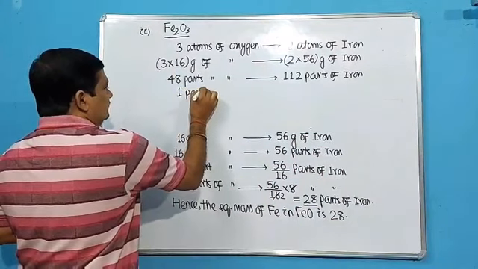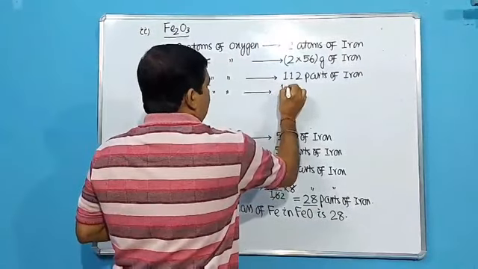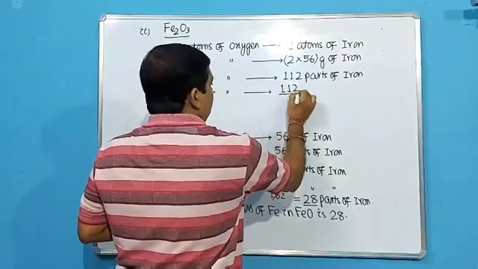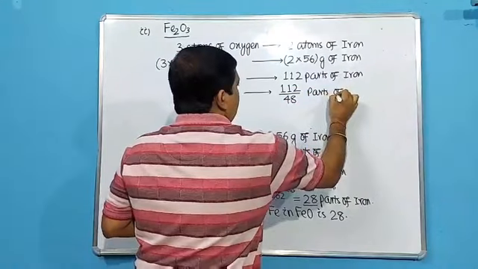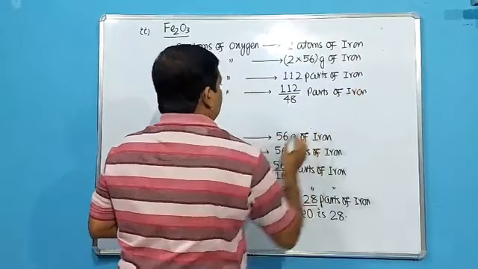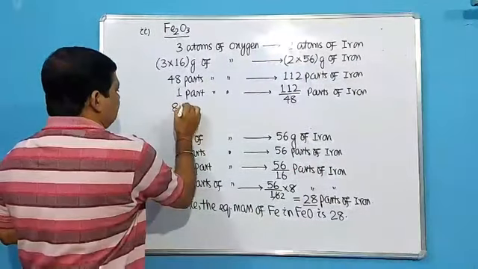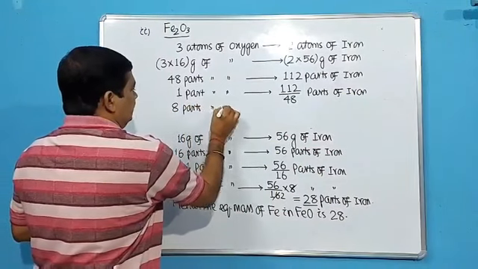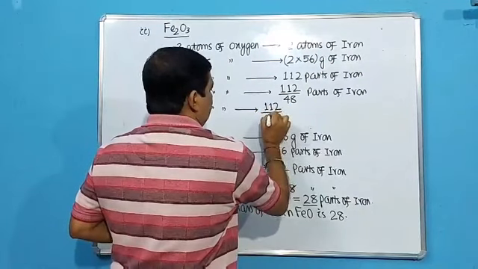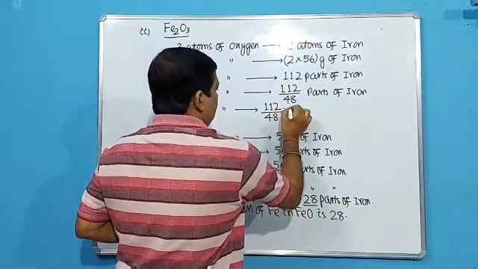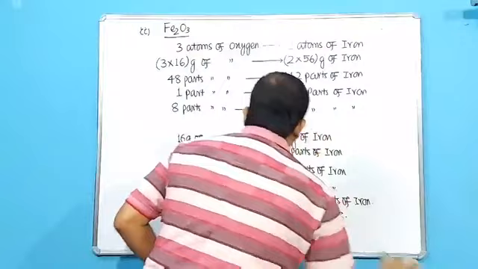So 1 part of oxygen will combine with 112 by 48 parts of iron. How many parts of oxygen is required? Again 8 parts as per definition. 8 parts of oxygen will combine with 112 by 48 into 8 parts of iron. So let us see what happens here.